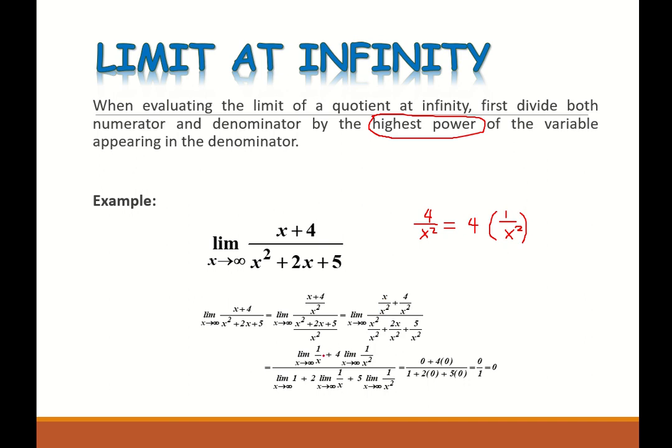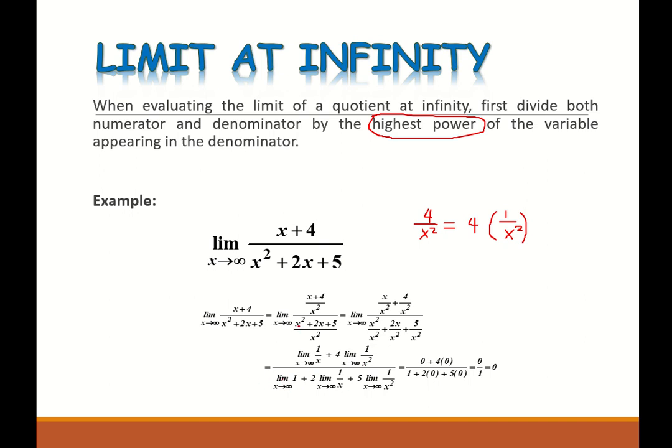Then take the limit of that. Then 4 over x squared. So where is 4 over x squared? This one. So 4 over x squared can be written as this. You separate the constant, then take the limit of the function, which is 1 over x squared.